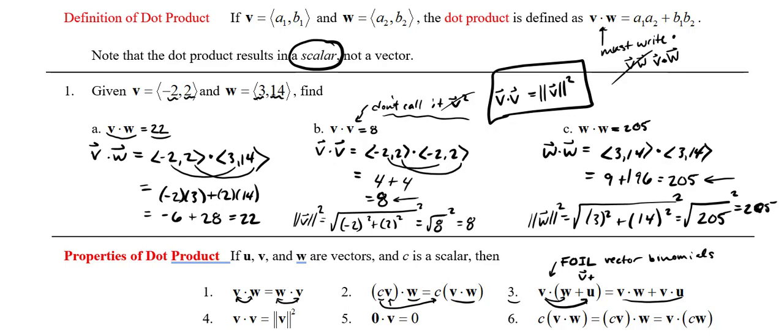Let's just call it X. V plus X dotted with W plus U. You can actually just FOIL this out. It's V dot W plus X dot W. I actually did inner, I guess, instead of outer. Plus V dot U plus X dot U. Distribution, this property 3 here, gives us the ability to FOIL vectors in this way.